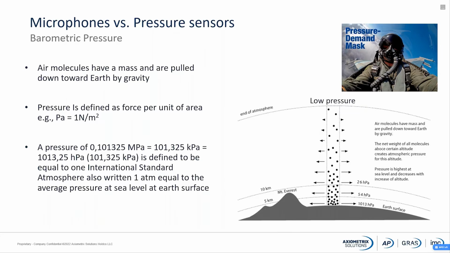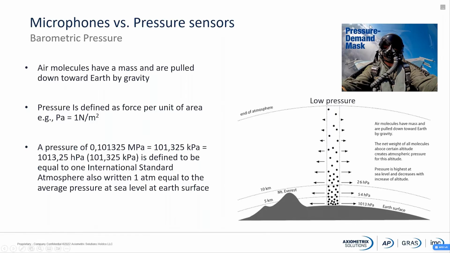8,848 meters up, it will be less pressure because the air molecules are not that much pressed together, and therefore it is a lower pressure. If you're going even further up, it will be lower and lower pressure, and therefore you see the jet pilot here on the picture.